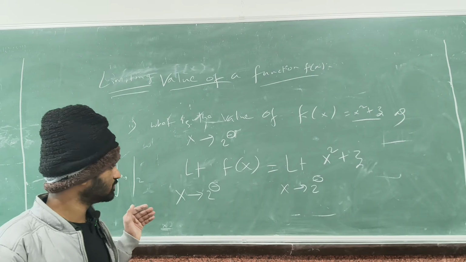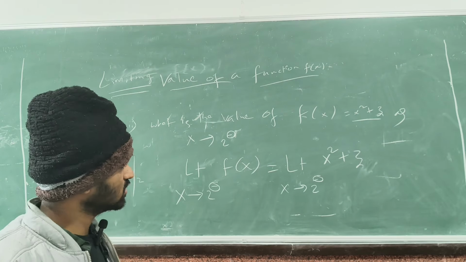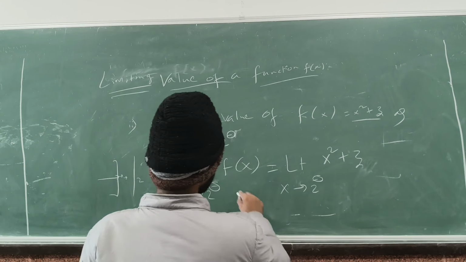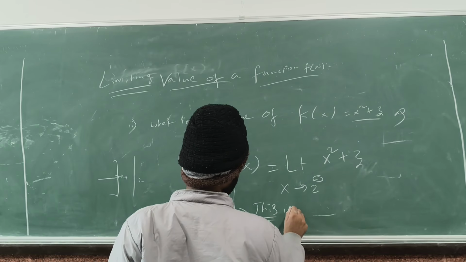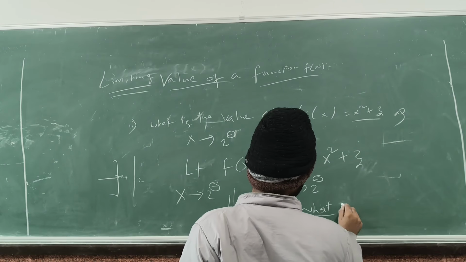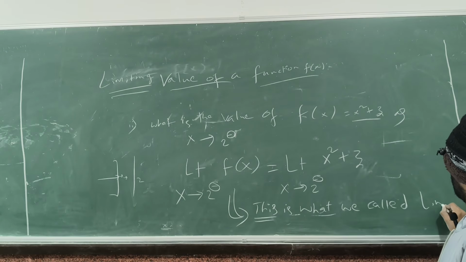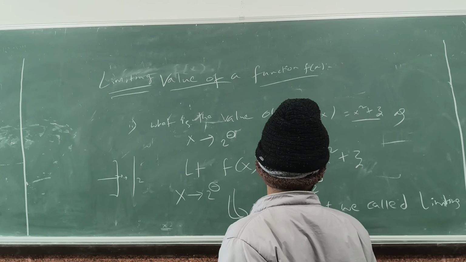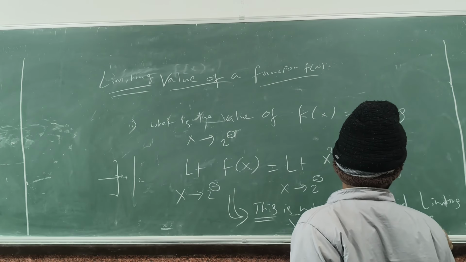So when we are approaching from the left side of the 2, limit x tends to 2 minus f of x equals limit x tends to 2 minus x square plus 3. This is what we call the limiting value of a function f of x.